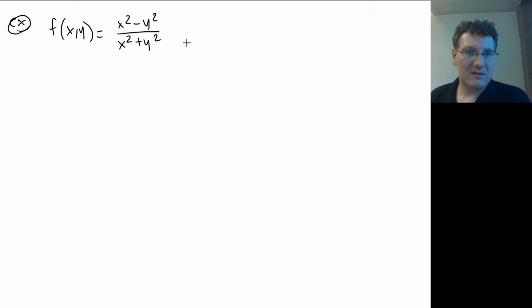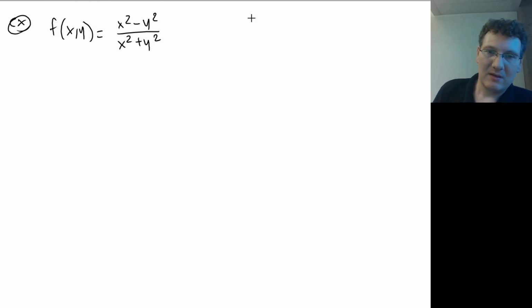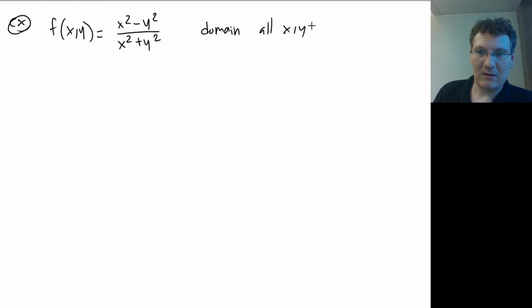f of x, y is x squared minus y squared over x squared plus y squared. So this is going to be continuous. Well, the domain is all x and y as long as x squared plus y squared isn't equal to 0.